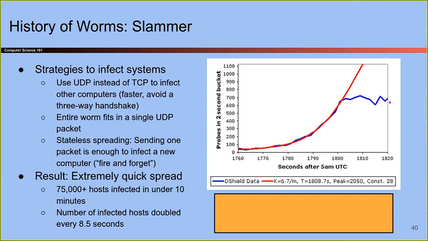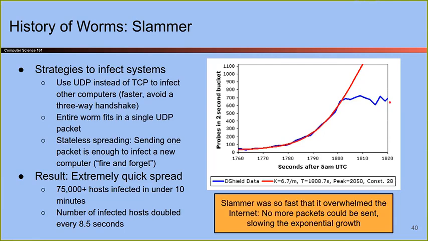So it's stopping logistic. And the reason why it's stopping logistic is because Slammer was so fast that the internet itself could not handle Slammer. The internet itself was completely clogged up because every single node in the internet was too busy sending Slammer already. So no more packets could be sent. And that's why the exponential slowed down before it hit every computer.